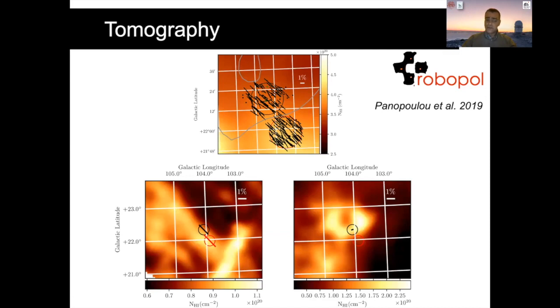We picked a region of the sky where we have two clouds overlapping, but only partially. And of course, we used HI position-velocity data cubes to do this. So we have one region, the red circle, where the only cloud along the line of sight is this nice elongated cloud that you can see on the left. I will call it the baguette cloud.